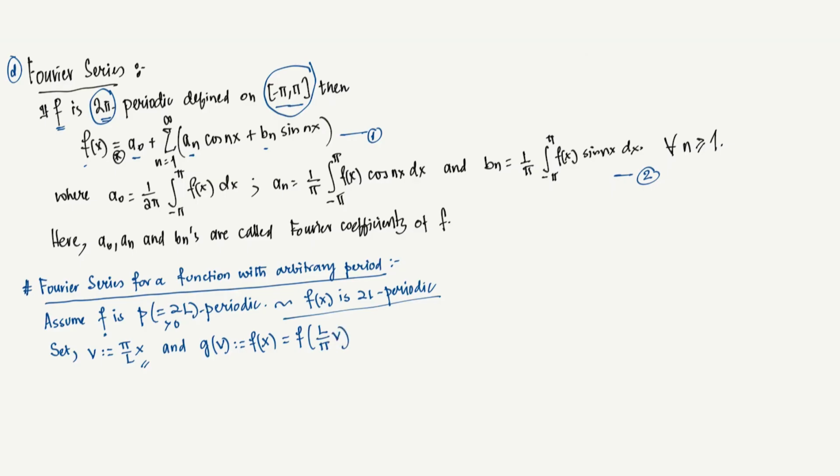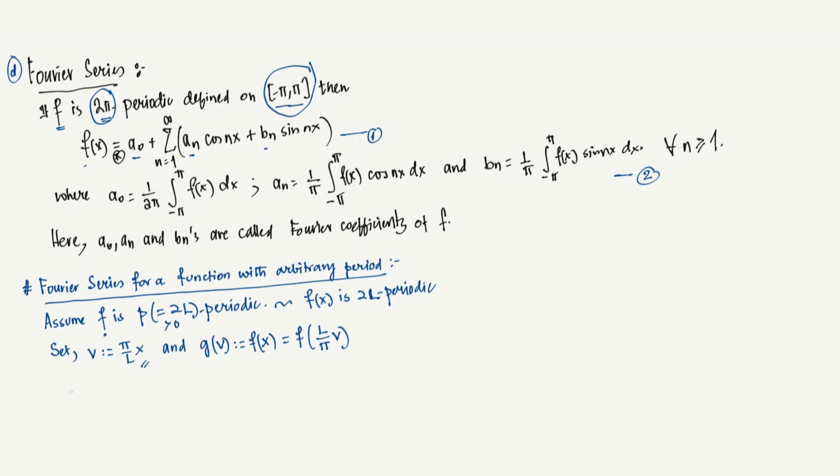So you see now, f is given to be 2L periodic, so f of L and f of minus L are going to be the same. We are assuming that it is 2 pi periodic in, let's say, minus pi and pi. That's not a problem, so we can assume that.